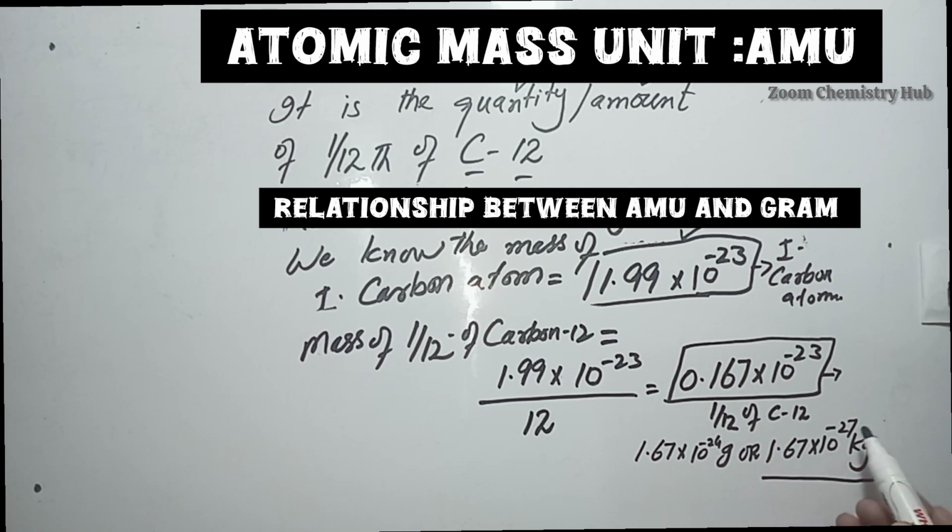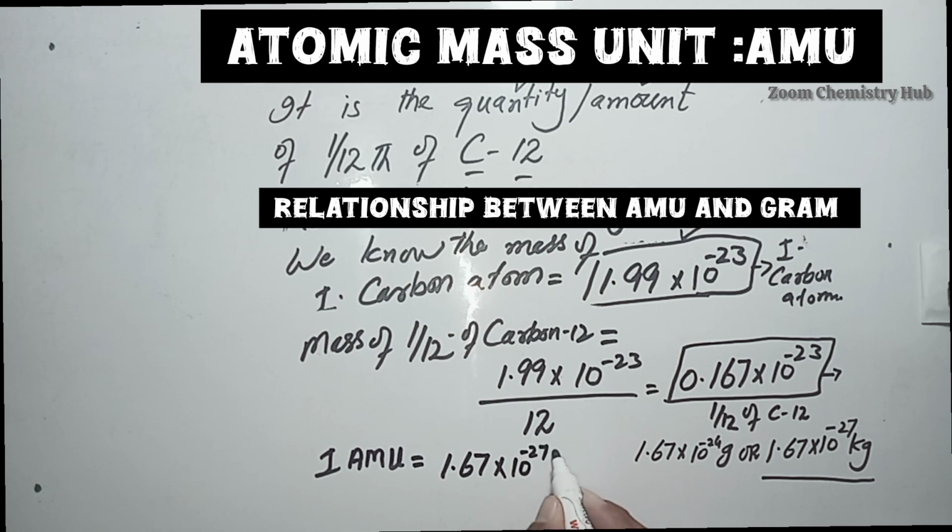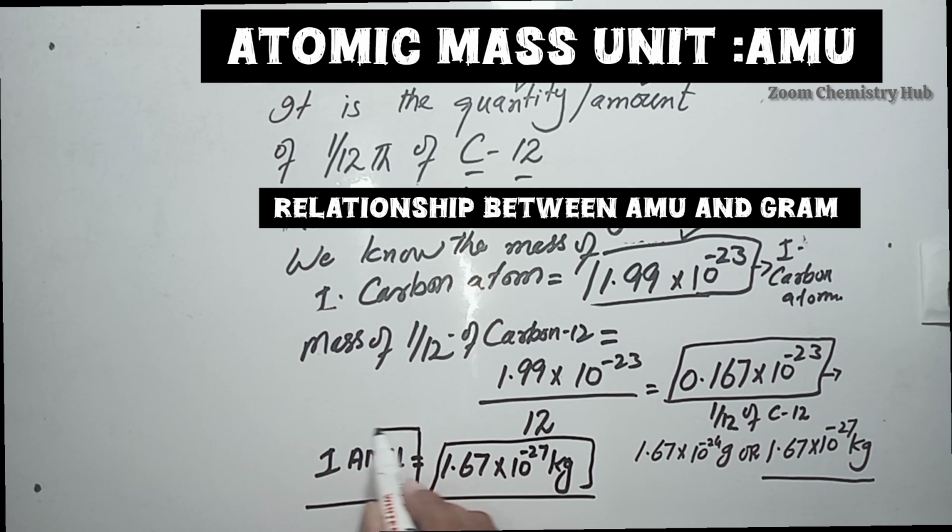So this is the mass of 1 AMU. So 1 AMU equals 1.67 multiplied by 10 raised to power minus 27 kilogram. This is the mass for 1 AMU, meaning the 12th part of the carbon 12.